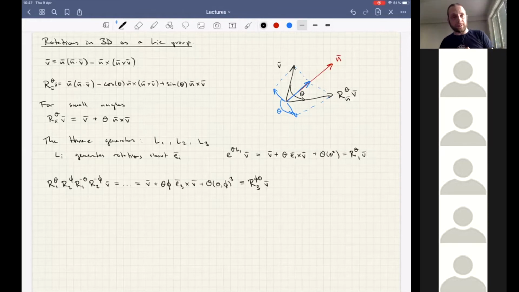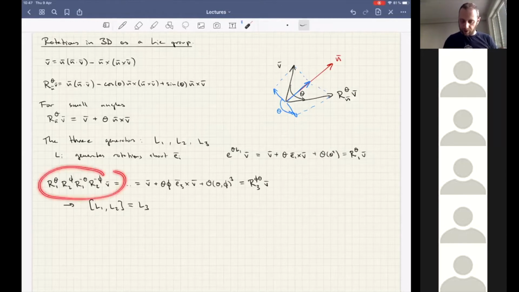So this tells us that this commutator of L1, L2, by definition, is going to be equal to L3, because what we found is that the commutator here was equal to a rotation in the third direction. This is, of course, just the realization of the more general statement.